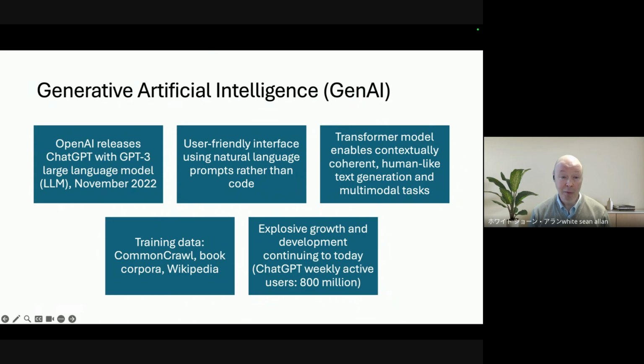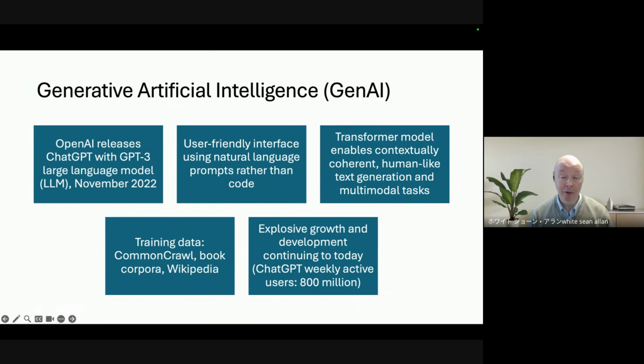A lot of it was due to its very easy to use interface, using natural language instead of code, right? Up until now, communicating with computers required a knowledge of coding. More and more we can do that with natural language. As a feature, ChatGPT's GPT model used a transformer model that enabled human-like, contextually coherent text, large chunks of text, and increasingly multimodal, right?